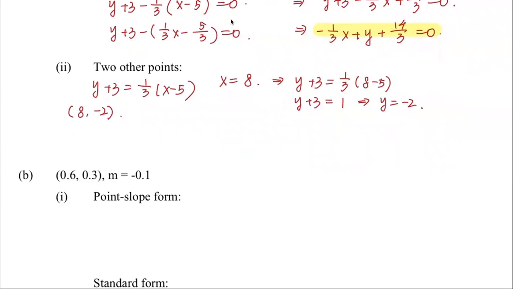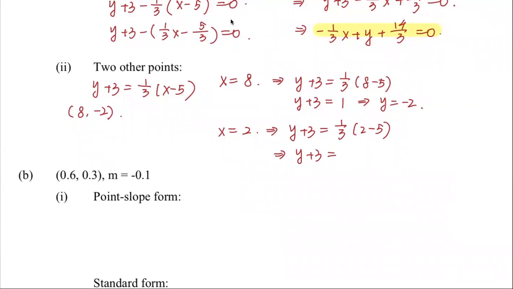Let's use another x value. For example, let's make x be equal to, let's say, 2. If x is equal to 2, then y plus 3 is equal to 1 over 3 times 2 minus 5, right? And this gives us y plus 3 is equal to 2 minus 5 is minus 3.